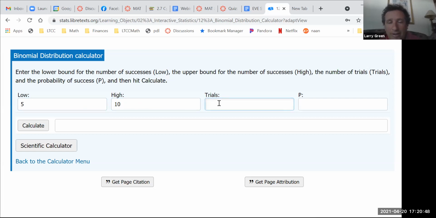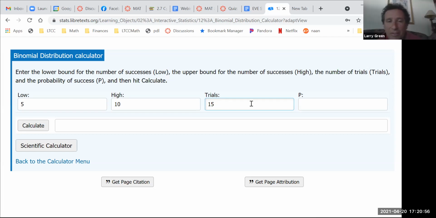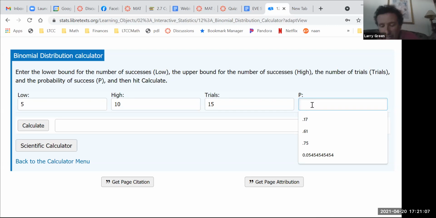How many trials were there? 15. There were 15 people that were surveyed. And what's P? See if you remember. 0.42. Okay, which is pretty amazing.